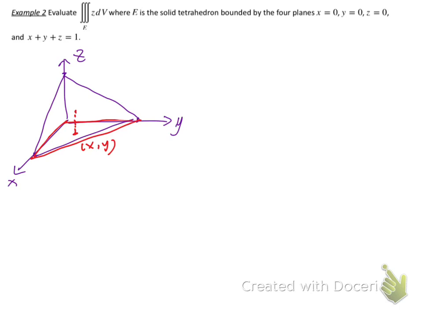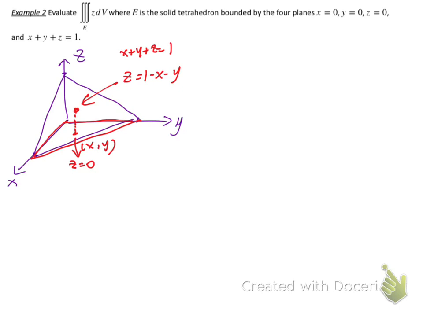The lowest point inside V is z equals 0, and the highest point is where you hit the x plus y plus z equals 1 plane, which is z equals 1 minus x minus y. So first of all, you can collapse it onto your xy plane.